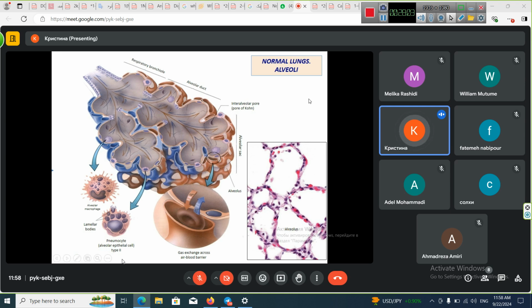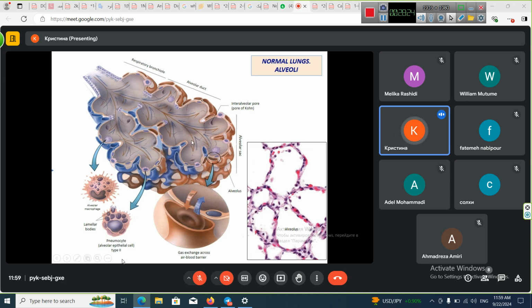So normal lung contains multiple alveoli, which are these areas, sacs, whose wall is made up of flattened cells, which are called alveolar cells or pneumocytes.